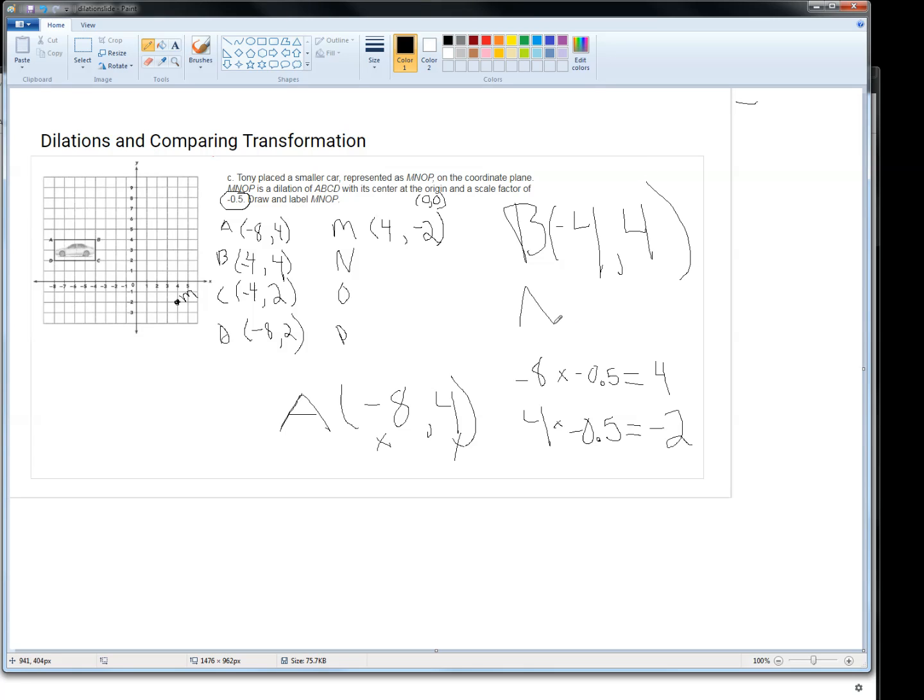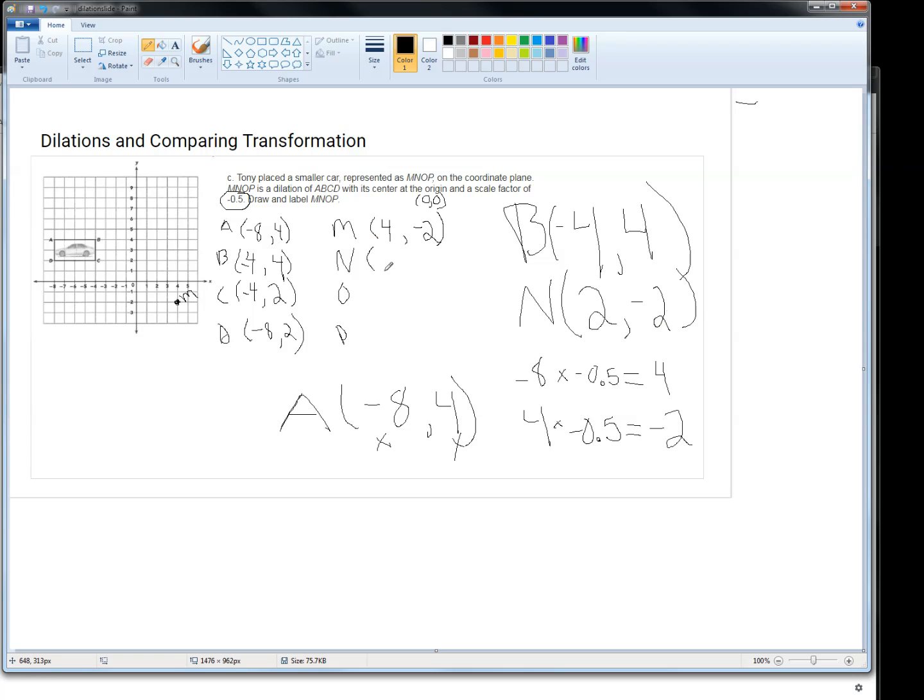This is going to turn into N. Multiply negative 4 times negative 0.5. You get 2, a positive 2. And that's for the x value. And now the y value. Multiply 4 times negative 0.5. You get a negative 2.